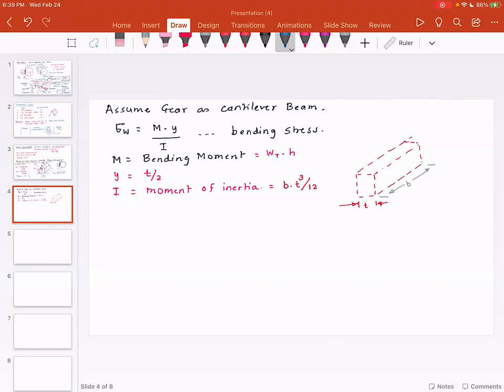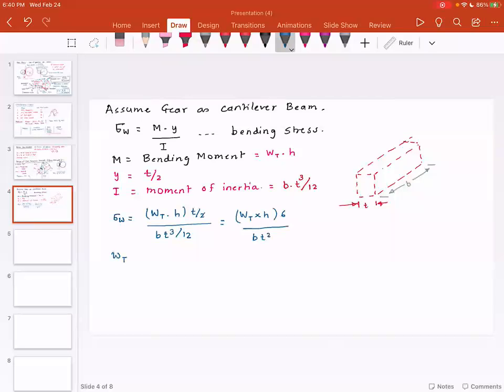Now, substituting all these values, sigma W is going to be Wt multiplied by H times T by 2, divided by BT cubed by 12. That equals Wt times H, and then the 1/2 and 12 reduce, you get 6 divided by BT squared.